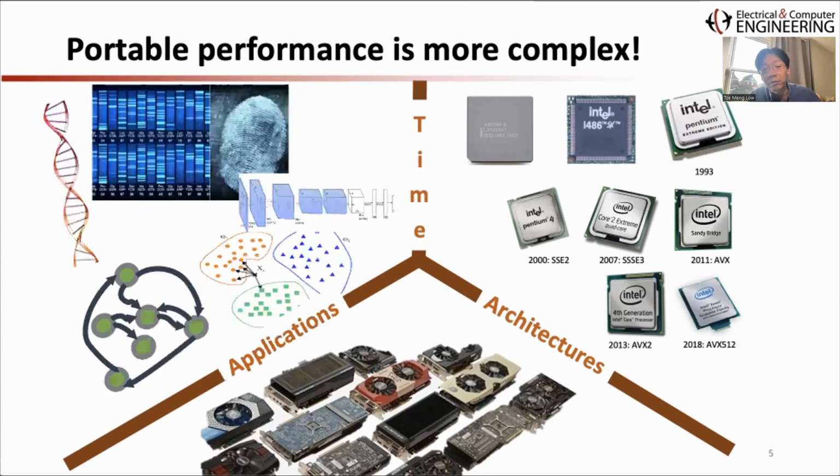And lastly, like I mentioned, we have applications. Now, as we get more and more capable computing devices, we have more and more new applications coming on board. And the best way to think about it is to look at machine learning, right?